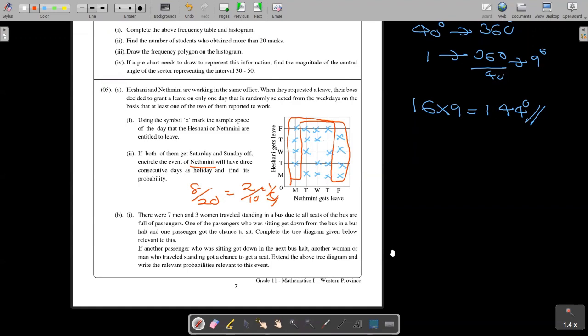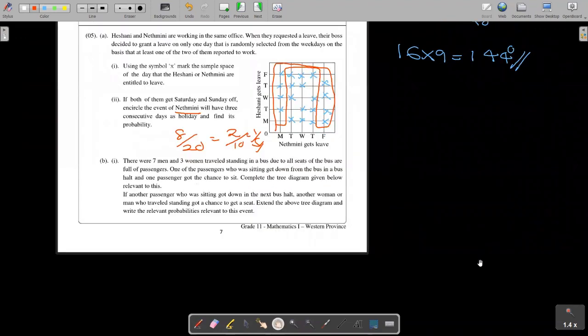There were 7 men and 3 women traveling standing in a bus because all seats of the bus are full with passengers. One of the passengers who was sitting gets down at a bus stop and one passenger gets the chance to sit. Complete the tree diagram given relevant to this.